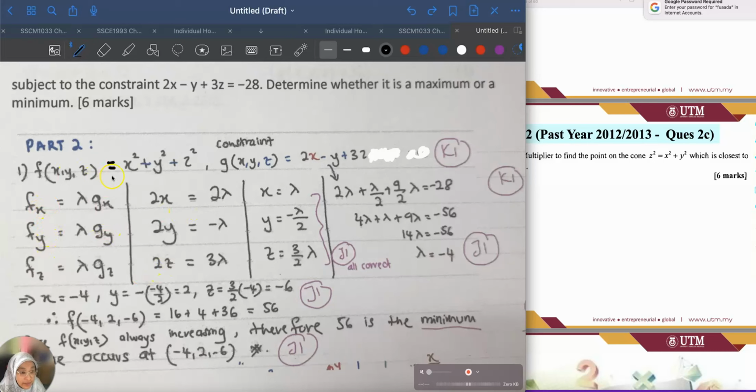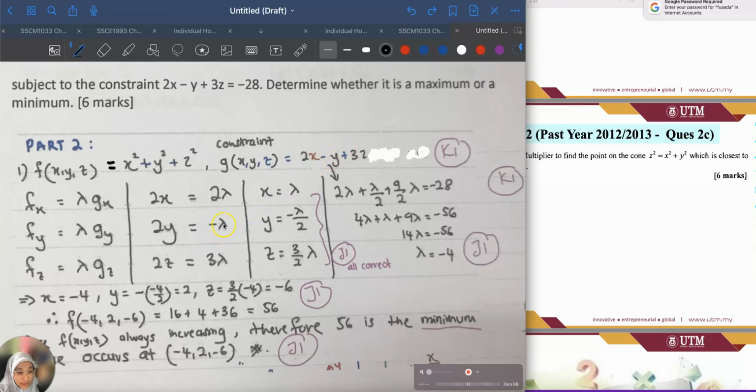And then for fx, we differentiate, you got 2x equal to lambda gx. 2x is 2 into lambda, and then x is lambda. We apply the same method. We rewrite x in terms of lambda, and then fy, so you got 2y equal to lambda times negative 1.